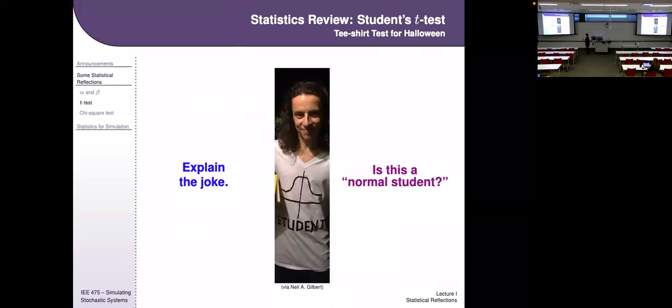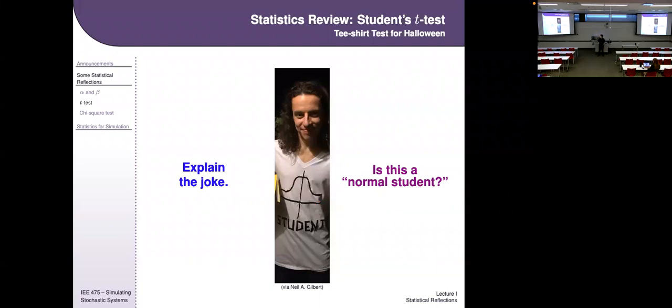This is a grad student in statistics, and he has this t-shirt that he's made. I've already given away part of it. Notice the t-shirt says Student down here, and it shows a symmetric bell curve with really fat tails on both sides. Hopefully if you stare at this for a little bit, you can see that the joke is this is Student's t-shirt, because it's a t-shirt with the Student's t distribution on it. And on top of that, you can make further jokes like, this isn't a normal student, right?